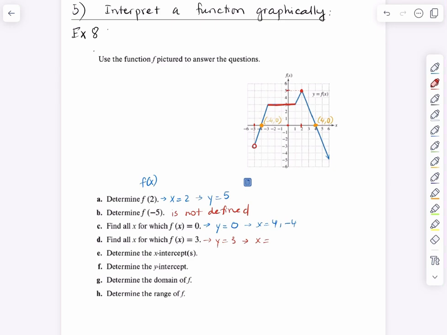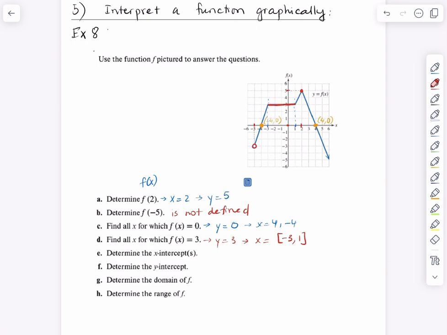So because it is not one single point like what we've been seeing in parts A, B, and C here, it's the whole segment of a line. So we're going to use an interval to describe that. So we're looking at x going from, with this red segment, x goes from negative 3 all the way to 1. So we'll write x equals negative 3 to 1 with brackets.